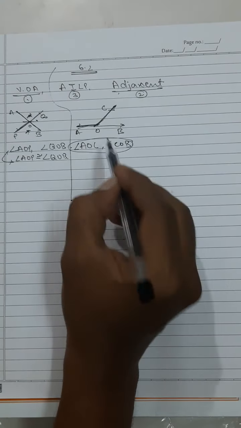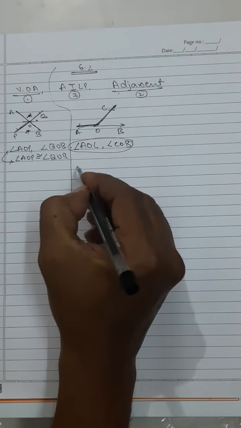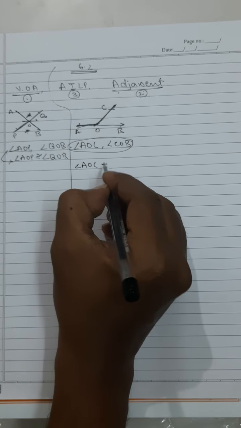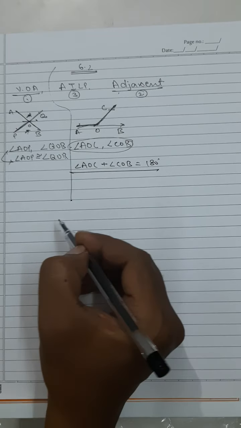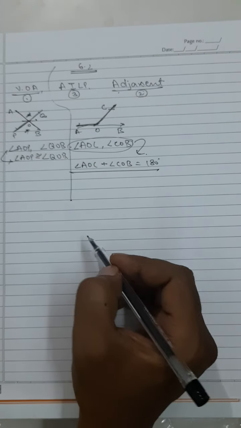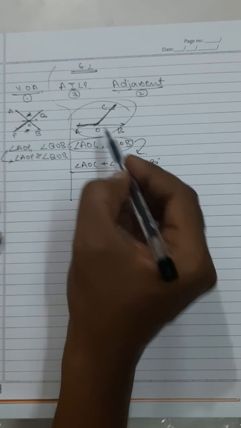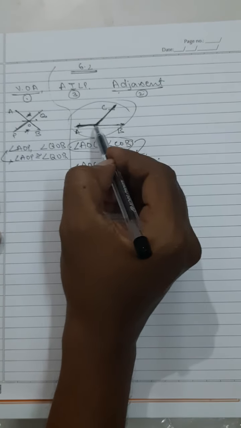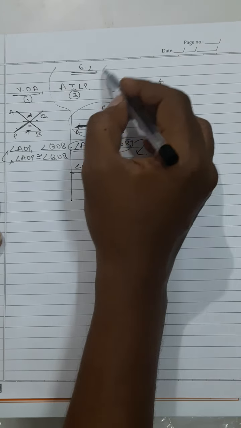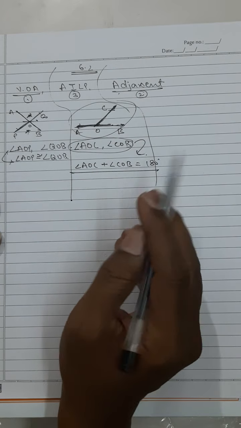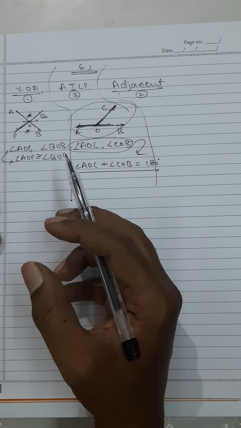Because of that an equation will be created: angle AOC plus angle COB is equal to 180 degrees. For that, there has to be a straight line formed by the two adjacent angles. See, my dear students, every property has a condition to be satisfied. Only then will that property come into action.